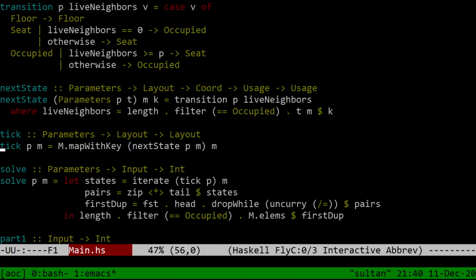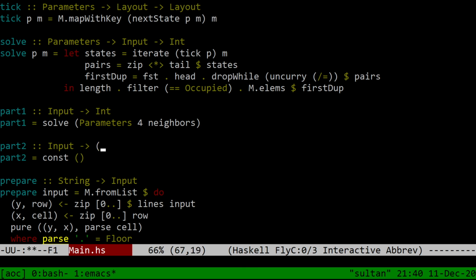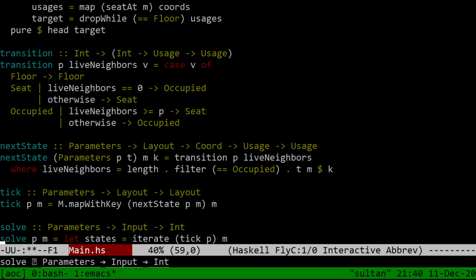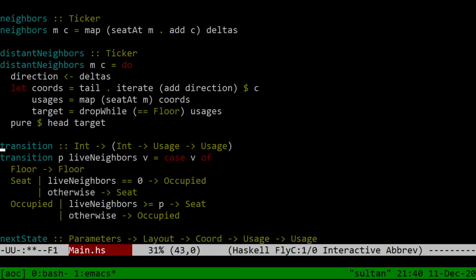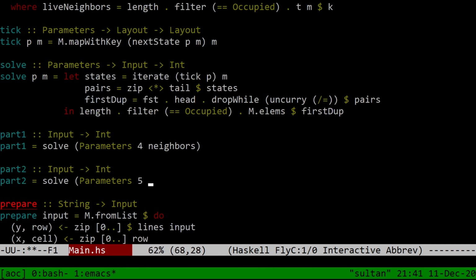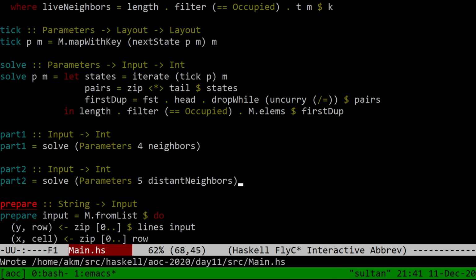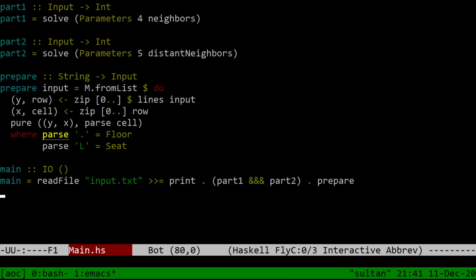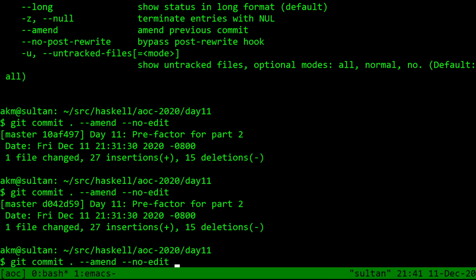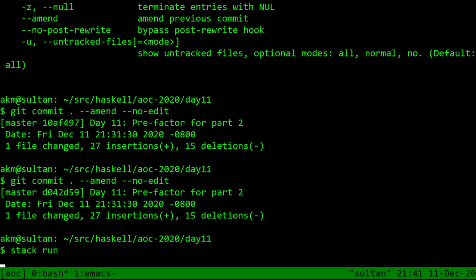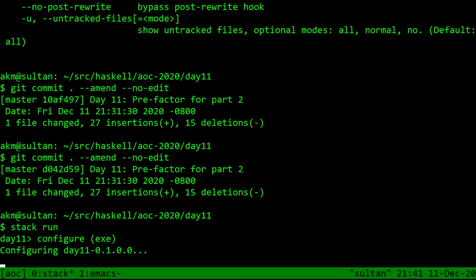So if I then say here that part 2 is a function from input to int, and part 2 is solve parameters 5 of I already forgot what it's called, distant neighbors. And I think I would in principle be done. I mean, it might be wrong, but this is what I wanted to implement.